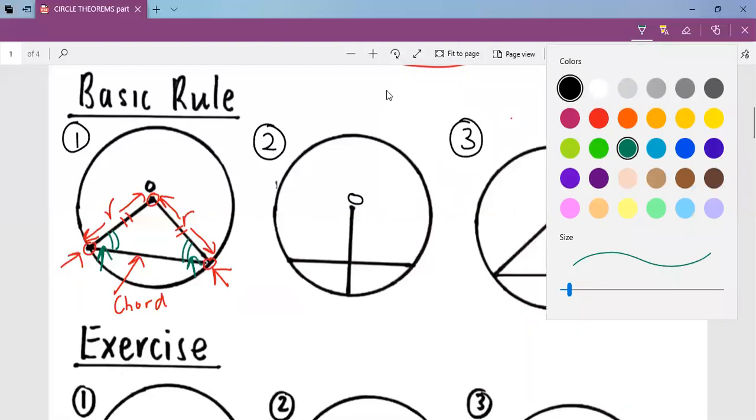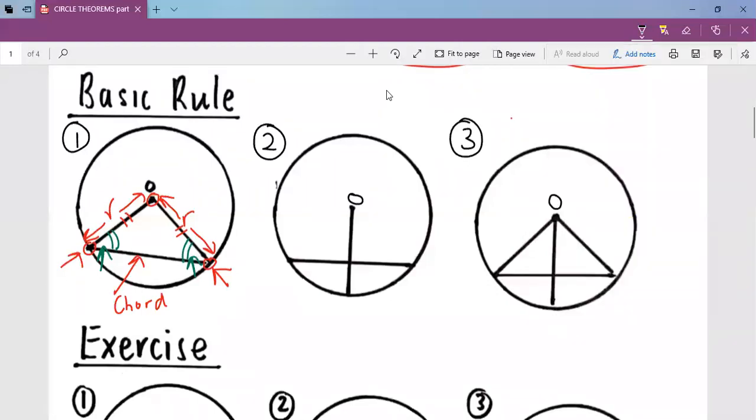The basic law number 2 says, whenever the radius, this vertical line from up till down, meets a chord and they form 90 degrees, the box I've just drawn always represents 90 degrees.